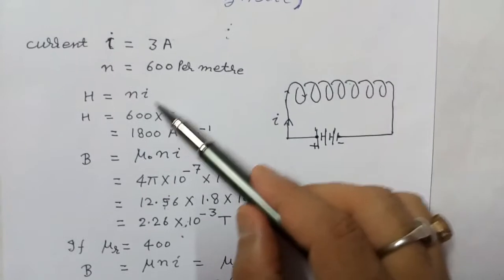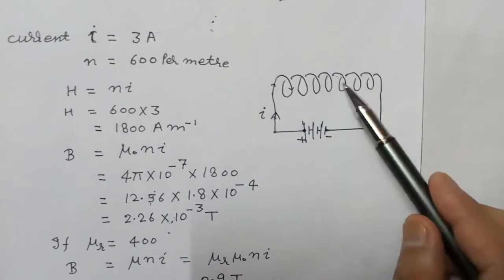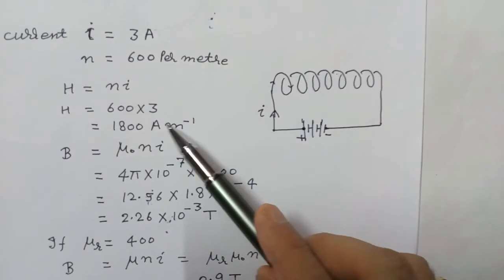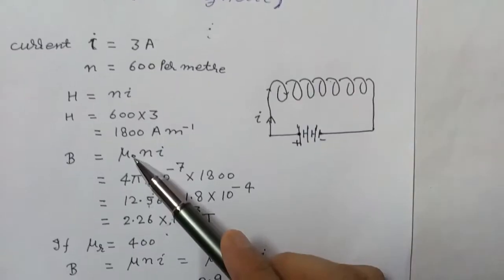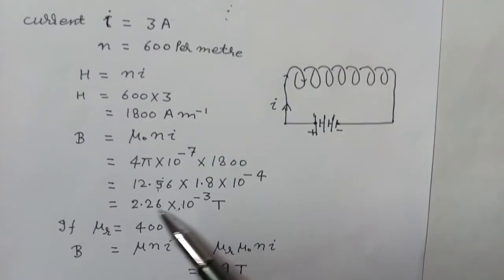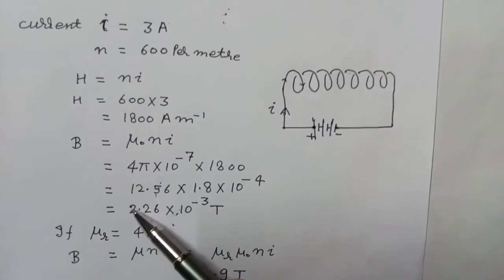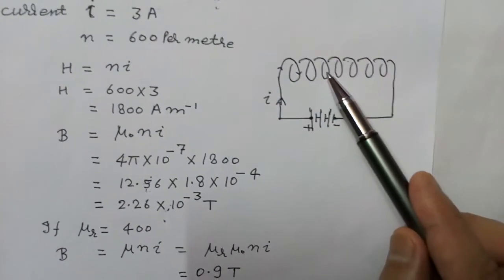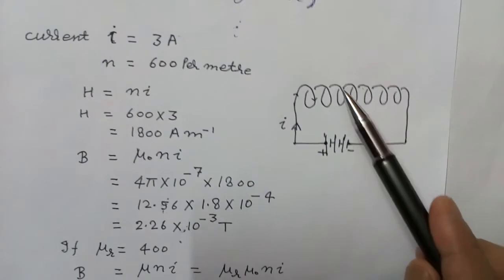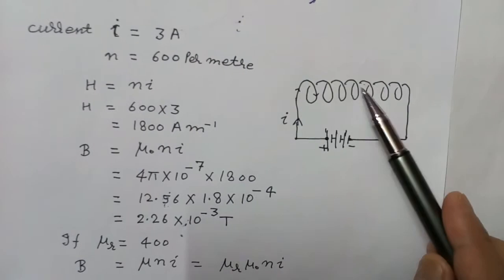Then H will be equal to N into I. So magnetic intensity is equal to 1800 ampere per meter and magnetic field B is equal to mu naught N I. So this is equal to 2.26 into 10 power minus 3 Tesla. So magnetic field is 2.26 into 10 power minus 3 Tesla and magnetic intensity is 1800 ampere per meter.